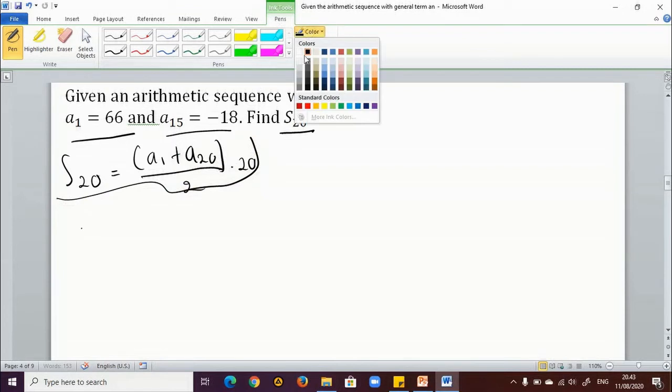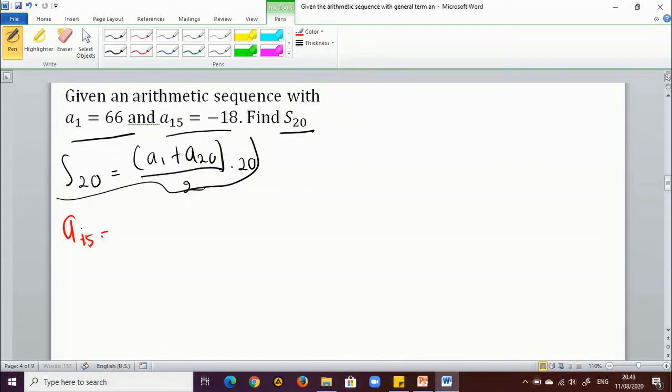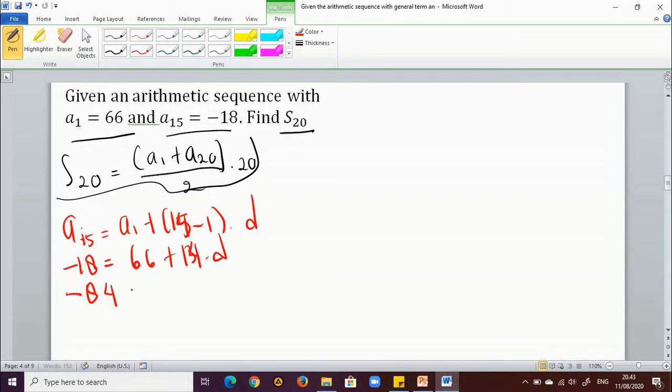The 15th term is equal to minus 18, so the first term plus 15 minus 1 times D, with the first term 66. So minus 18 equals 66 plus 14 times D. From here, we have minus 84 is equal to 14D. So the difference is minus 6, right?